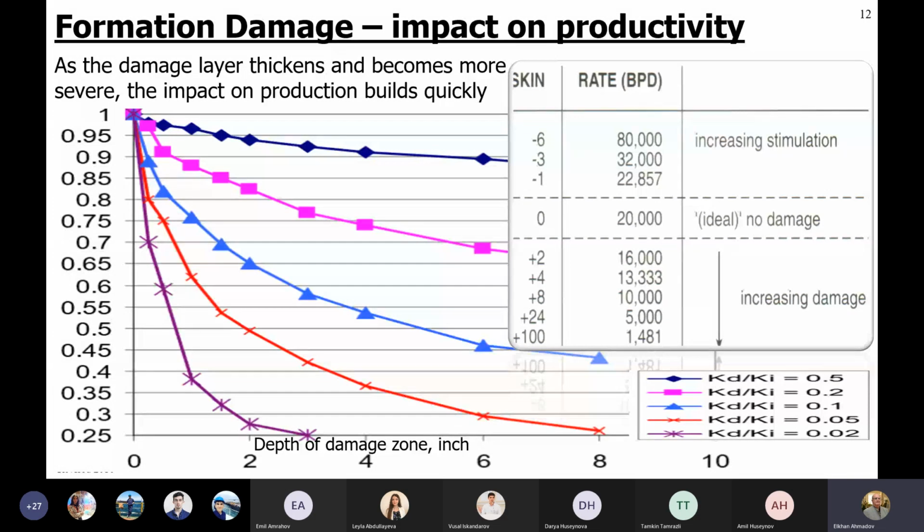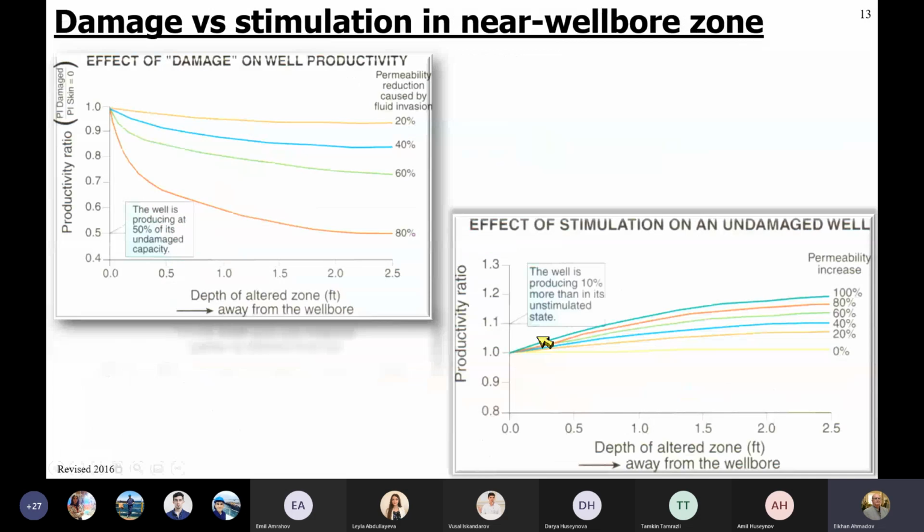Okay, here is a comparison of the effect of damage on the well productivity that you have seen already in a different form, and the effect of stimulation on an undamaged well. What you can see here, as we go away from the wellbore, the more damage, the more effect on the productivity.